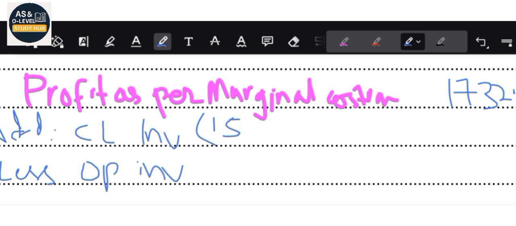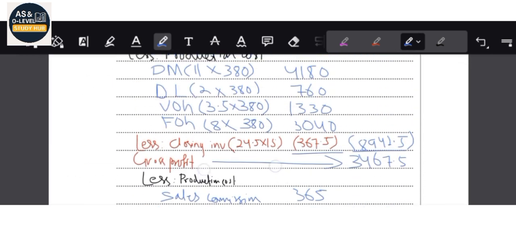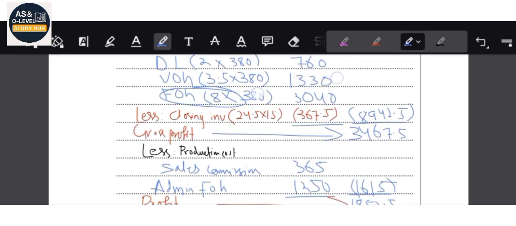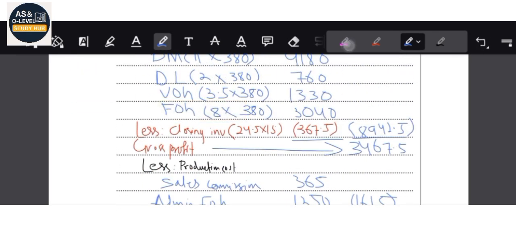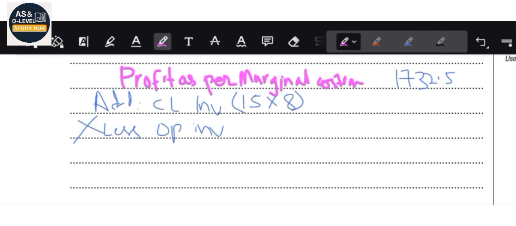It was 15 units, and we will multiply it with the FOH rate. You can see here we calculated the rate, that is 8. So that is 120. We do not have any opening inventory, so we will not less anything.